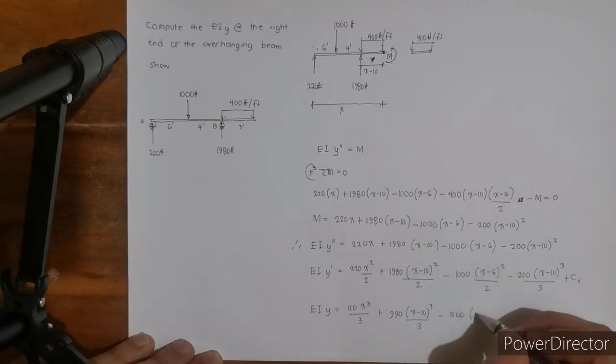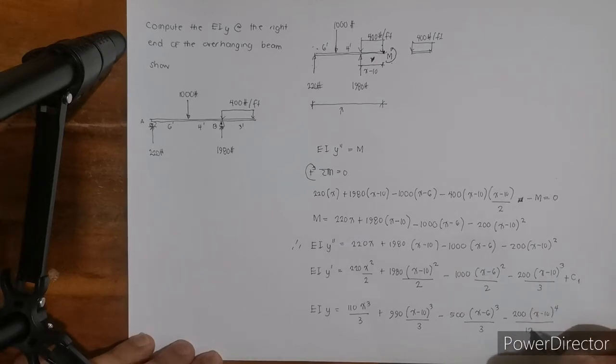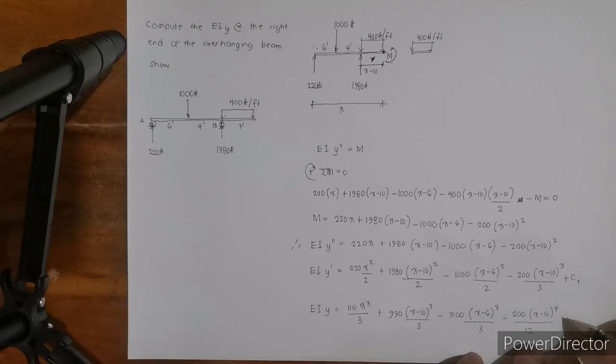Integrate ngayon, power formula ulit, x minus 6 raised to 3 over 3 minus 200. X minus 10, magiging raised to 4 na siya over 3 times 4, 12. Integrate natin si C1 plus C1x plus, don't forget the constant term, C2. And that will be our deflection equation.